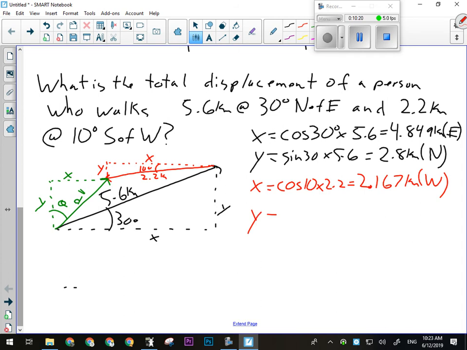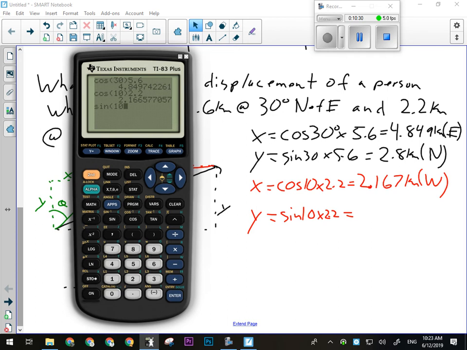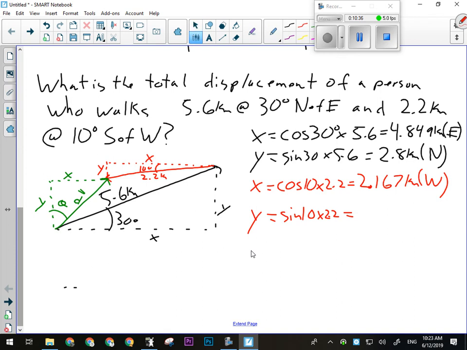And y is going to be the sine of 10 degrees because it's the opposite side, times 2.2. So it's going to be pretty small. So 0.382 kilometers, and that'll be south.